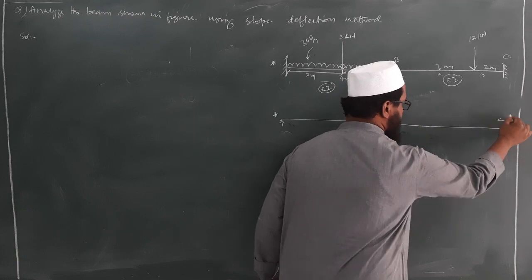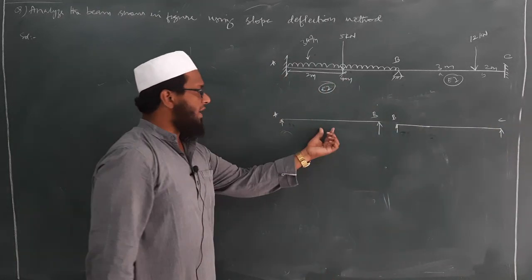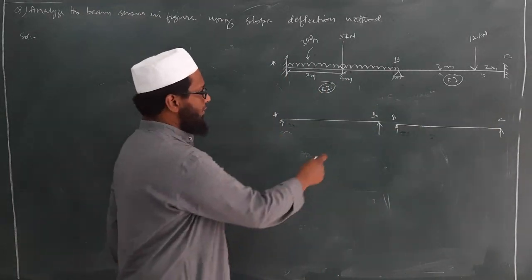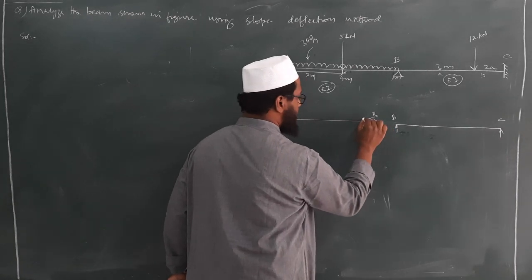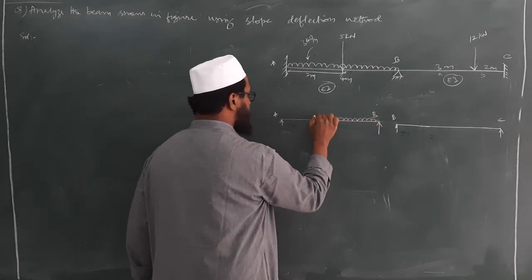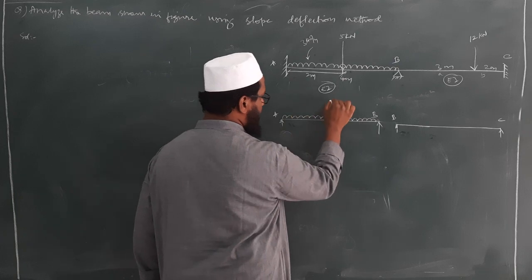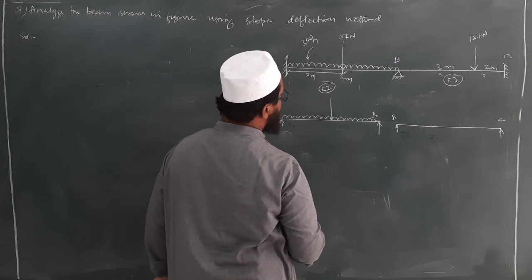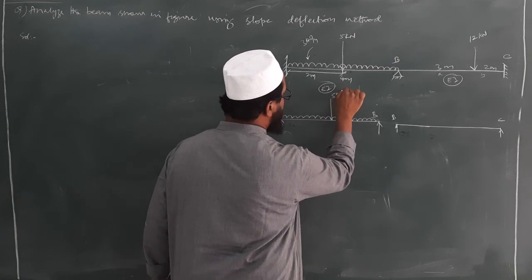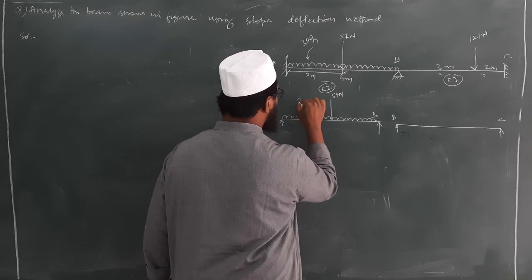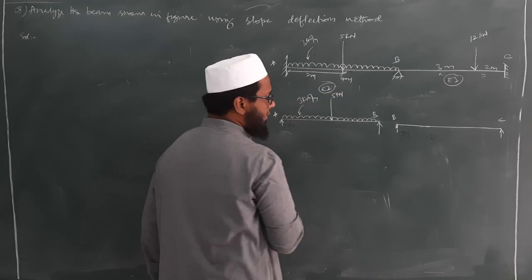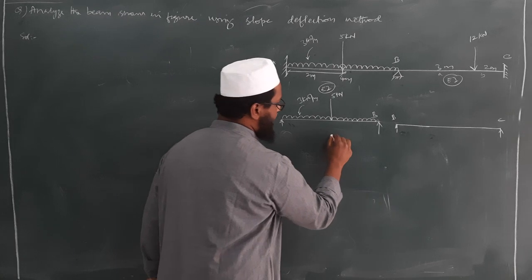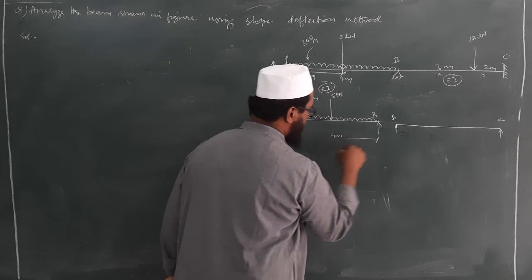This is B, C. What is the loading on span AB? We have a UDL, and along with that we have a point load at the center. This is 5 kilonewton and this is 3 kilonewton per meter, and the span is 4 meter.